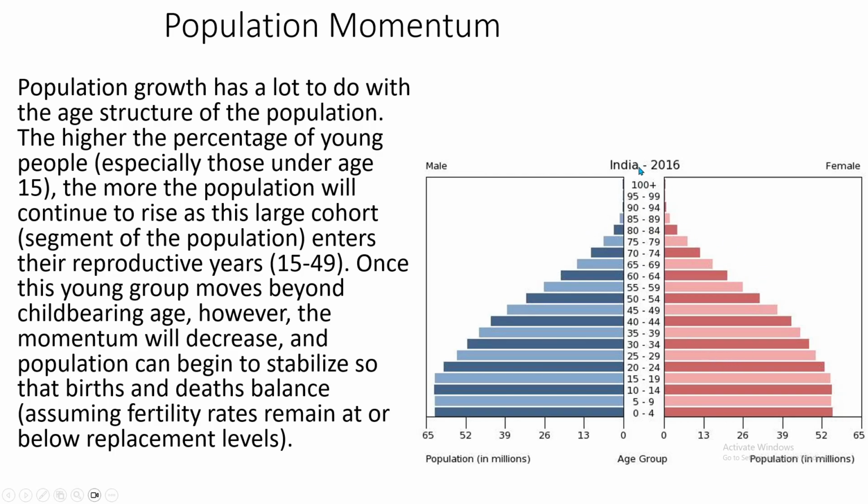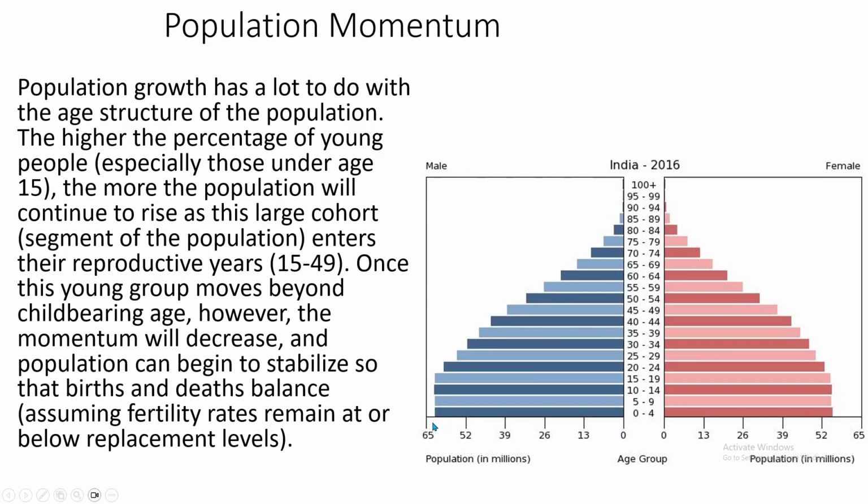So basically, let's look at India here. We can see India's population looks more like an expansive pyramid. We have lots of people in their younger ages here. So what that tells us is that the next cohorts that are yet to be born are likely also going to be quite large.